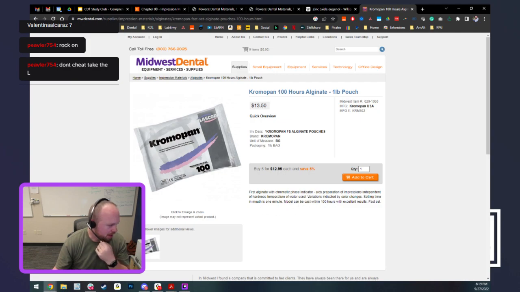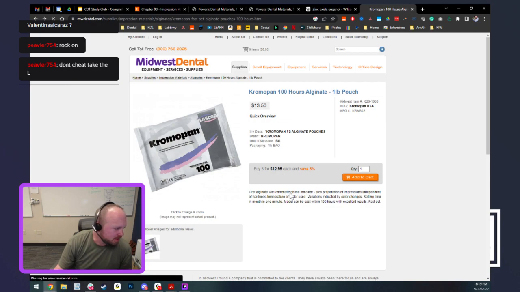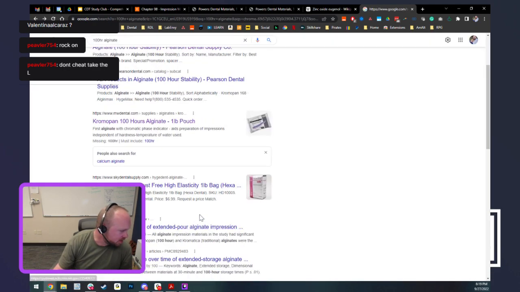Oh, I mean, chromatic phase indicator. That is a really fancy way of saying that it changes colors when it's forming up. Chromatic shade indicator. I got to remember that. That is some quality marketing. AIDS preparation, variation, setting time, and mouth. Okay, but it doesn't say what it is. Maybe this will tell us.